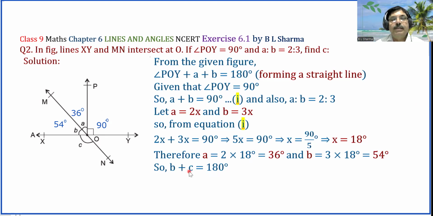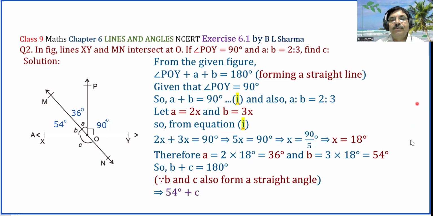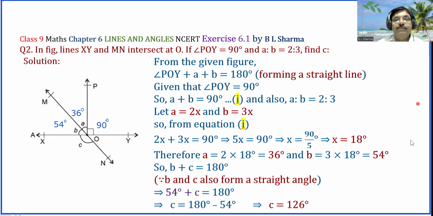So 54 plus C is equal to 180 degrees. That is why angle C is equal to 180 minus 54. How much is 180 minus 54? That is 126 degrees. So in place of C, here you write 126 degrees. That's all for this question.